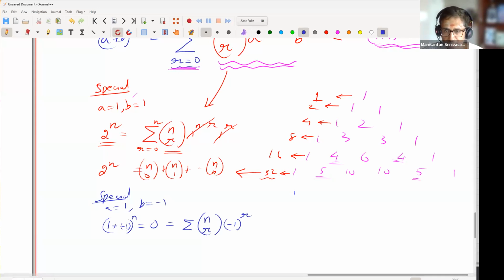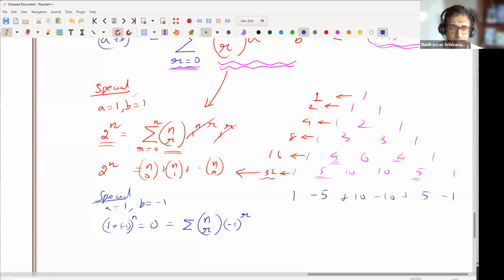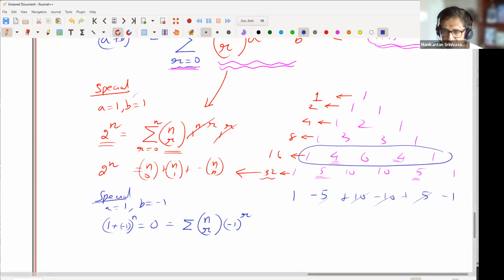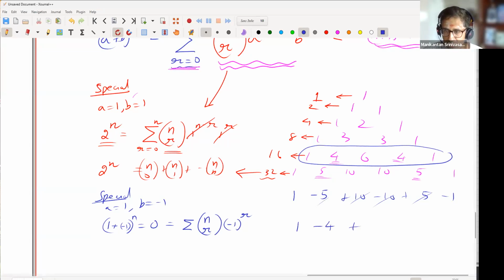So if I alternate, 1 minus 5, plus 10 minus 10, plus 5 minus 1, all of those coefficients will add up to 0. You can see this in this case because the minus 5 cancels the plus 5, plus 10 cancels minus 10. But more interestingly, it happens even where it's not perfect cancellation: 1 minus 4 plus 6 minus 4 plus 1.